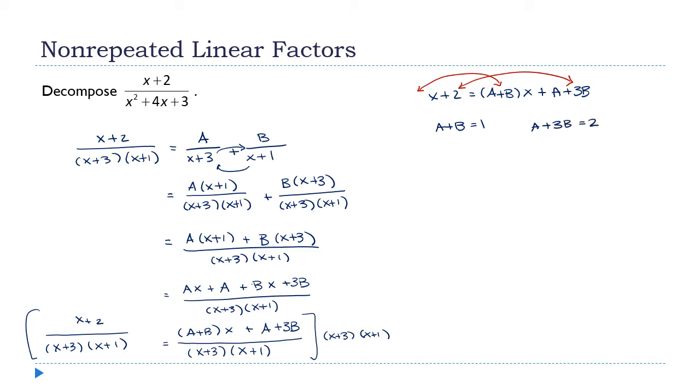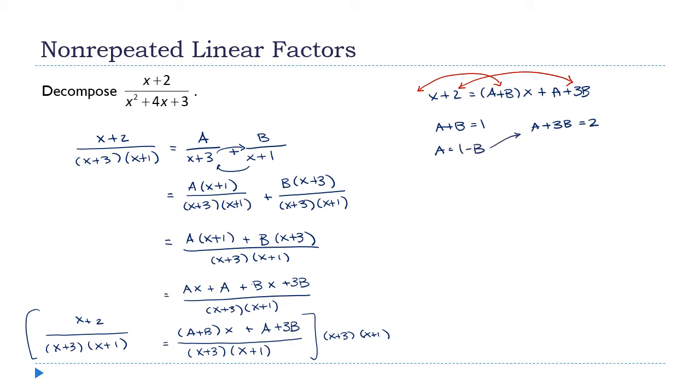And now look at where I ended up. That's a system of linear equations. And we have techniques for solving systems of linear equations. Because it's going to be pretty easy to do so, I'm going to go with the substitution method. Solve the first one for a. a is equal to 1 minus b.